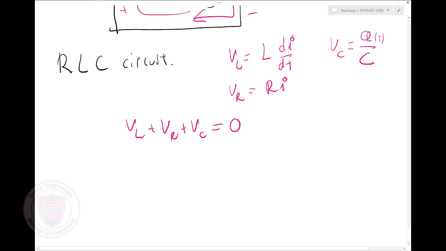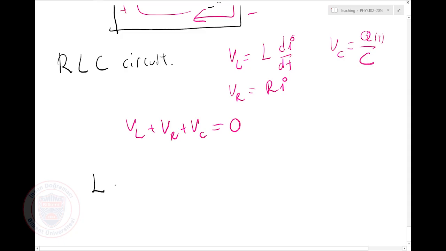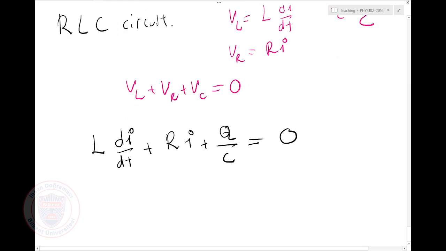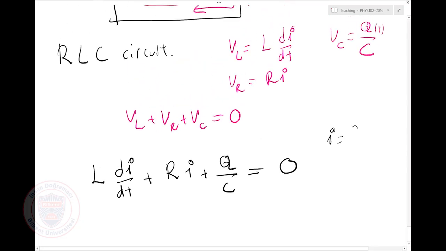What I will have is L times di/dt plus R times I plus Q divided by C is 0, but I is dq/dt.